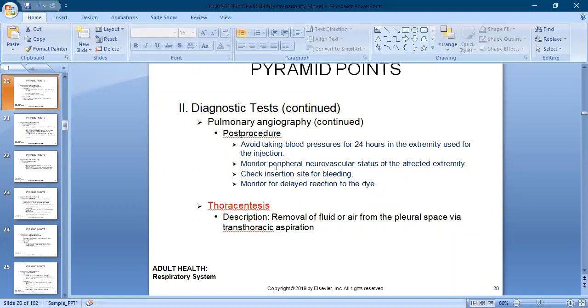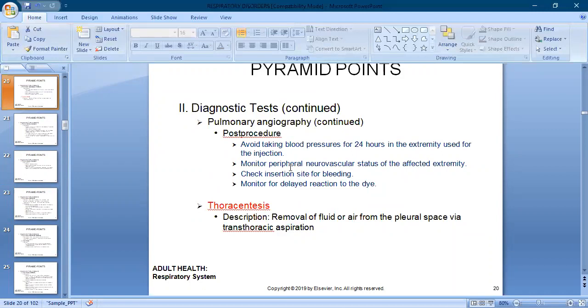Also monitor the peripheral neurovascular status. We have to check the pulse, the blood supply, and the sensation. If there is any kind of blocking because of the dye, we can find it out.